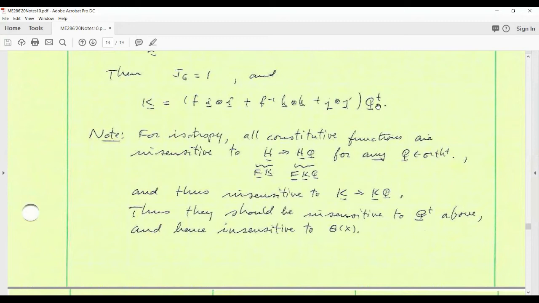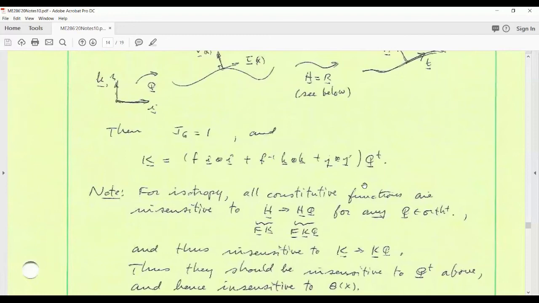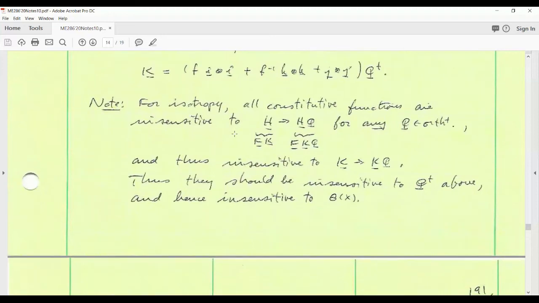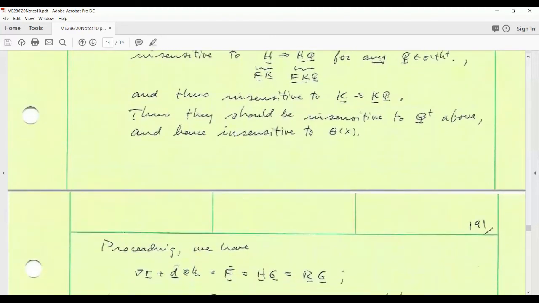So if you take this Q and multiply on the right, you get a Q transpose Q, which is the identity. And so the constitutive equation for isotropy should be insensitive to this Q we've introduced, and hence insensitive to the angle theta that defines Q. So ultimately, that should be a check on the calculation. The final expression for the energy density that we get for the plate should be insensitive to this angle theta in the case of isotropy.